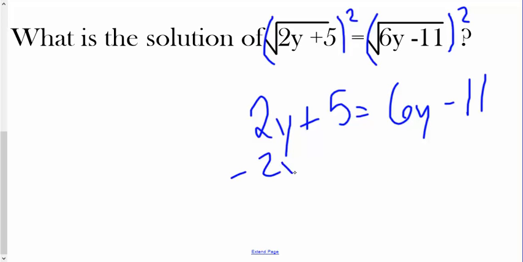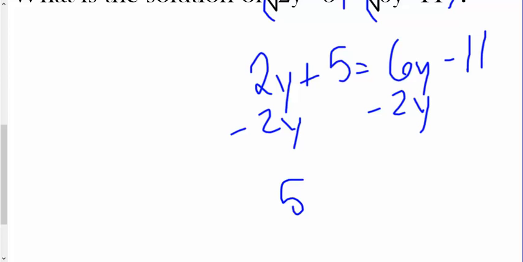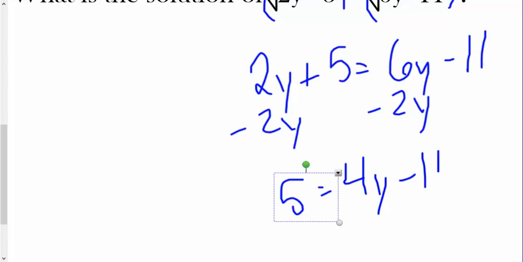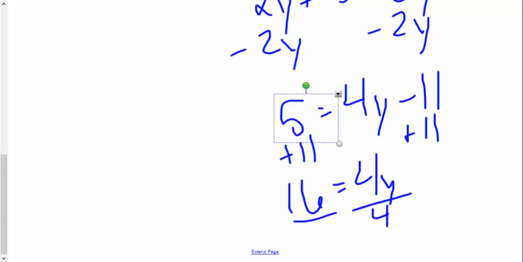Then I subtract 2y from both sides because I want to have all of my y's on the side with the most y's. So that'll give me 5 equals 4y minus 11. I add 11 to both sides, which will give me 16 equals 4y. Therefore, y equals 4. That's all I have.